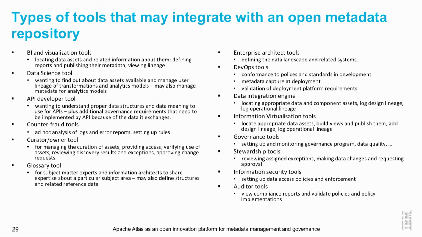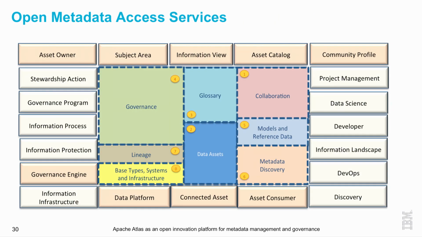So they're all doing stuff with data, but they have a slightly different perspective. And this is just a more detailed list of the different types of tools we think need to be involved in this ecosystem. And so here are the access services that we have defined, and the ones in orange are actually being implemented as we speak. So there's things like the asset consumer.